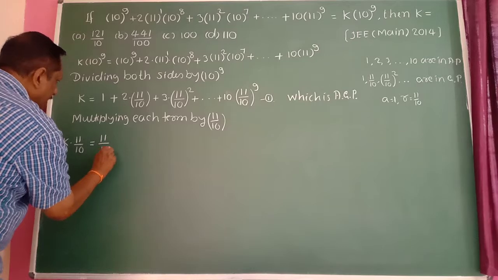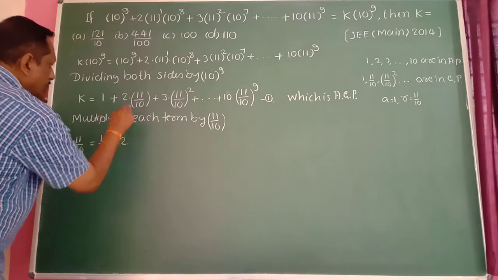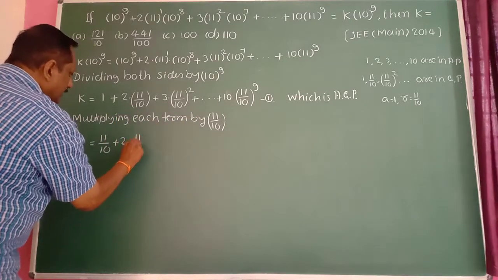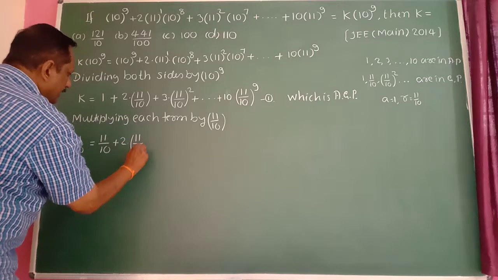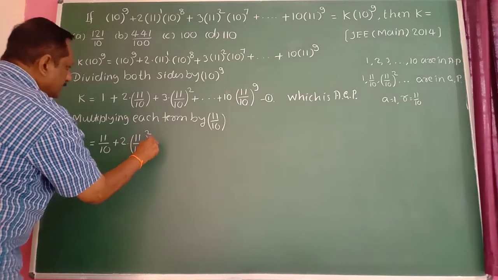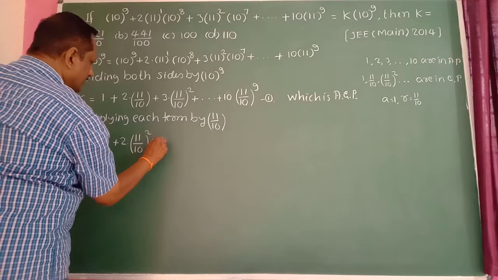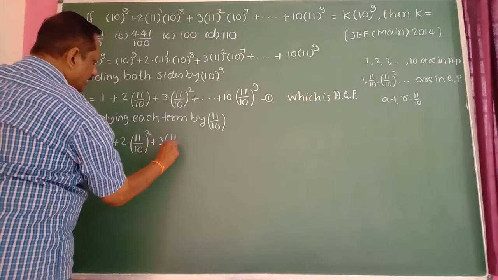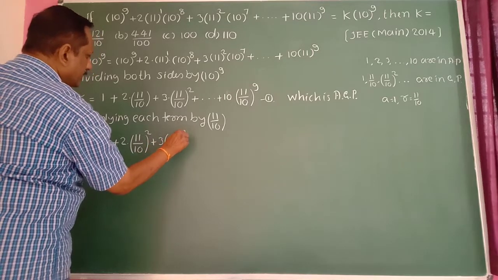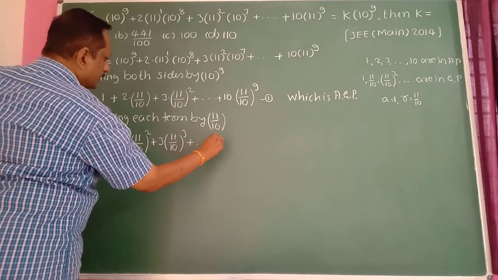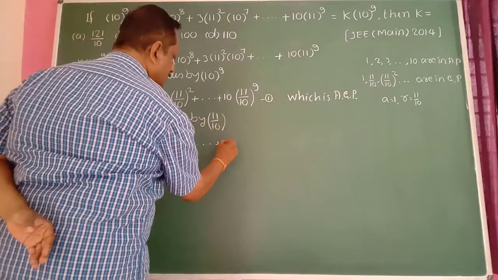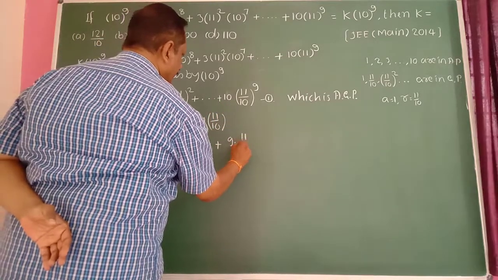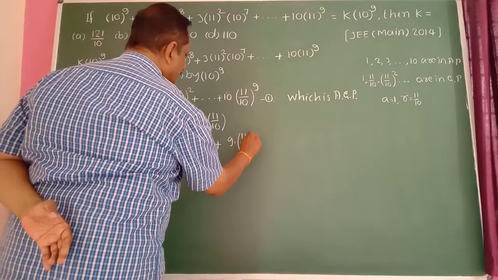Plus 2 into 11 upon 10 the whole square. Then plus 3 into 11 divided by 10 raised to 3 and so on. Plus its previous term is 9 into 11 upon 10 raised to 9.